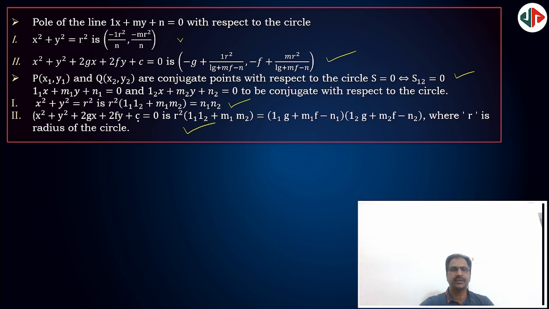If the circle center is at (0, 0), the condition for the lines to be conjugate is r²(L1L2 + M1M2) = N1N2. If the circle center is at (-g, -f), the condition for two lines to be conjugate is r²(L1L2 + M1M2) = (L1g + M1f - N1)(L2g + M2f - N2), where r is the radius of the circle. So these are the conditions for conjugate. S12 = 0 is the condition for conjugate points, and these are the conditions for conjugate lines.